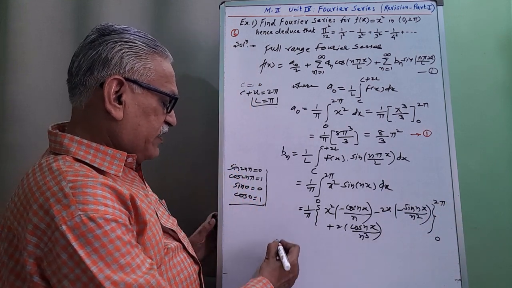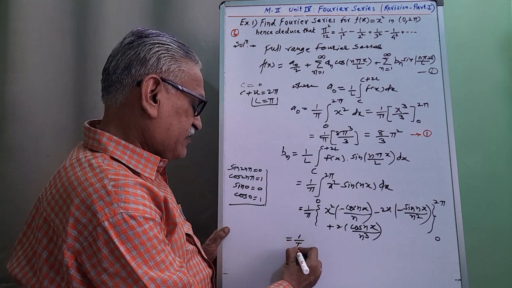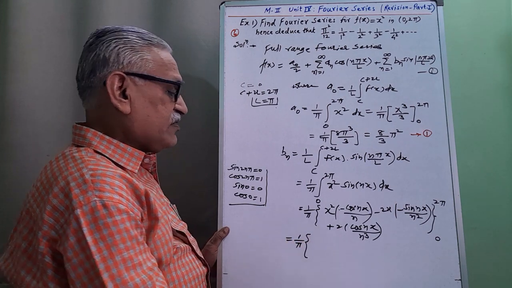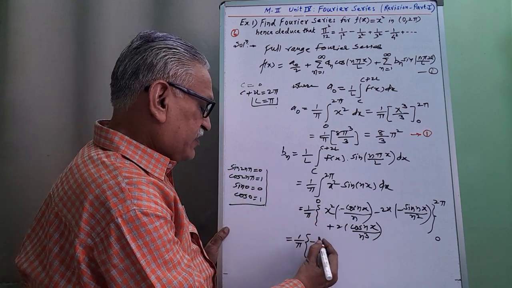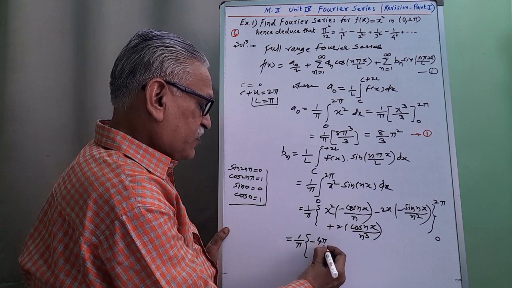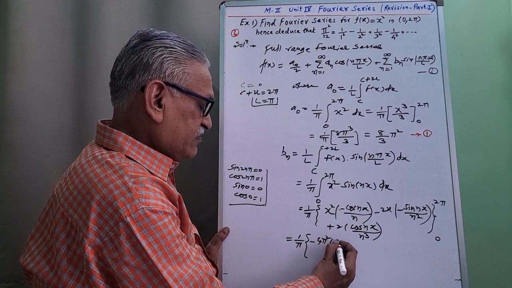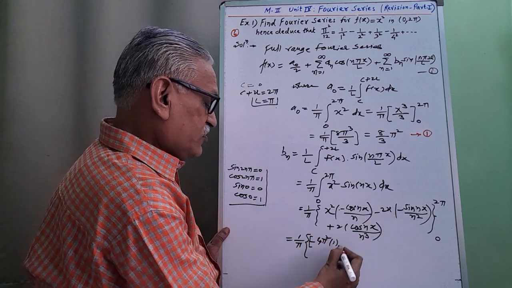Substituting the upper and lower limit, we get the value of bn as 1 by pi, cos 2n pi, the value of cos 2n pi is 1, therefore it is with minus sign. 2 pi square means it becomes 4 pi square into 1, sin 2n pi is 0, therefore 0.